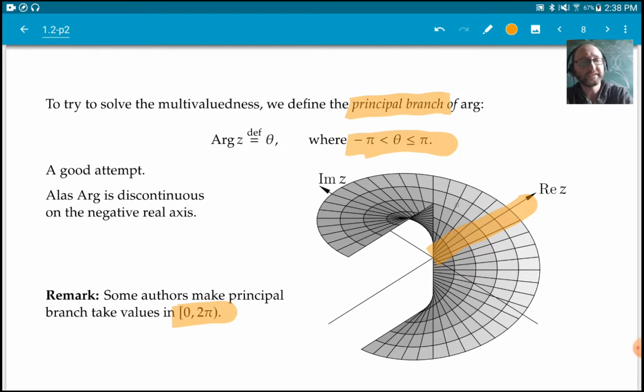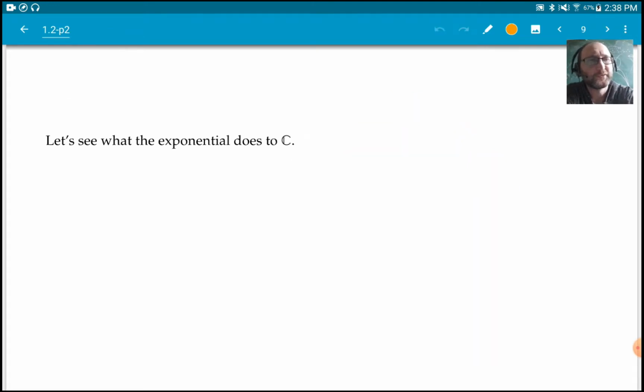Basically, the thing would go up out here, and then you would end up 2 pi above here. So one of the issues is, of course, which is it? You always have to double check when you're reading some book or some paper if they say principal branch, which principal branch they are referring to. Although again, in most uses you don't actually want to use the principal branch. So we'll see more of that.